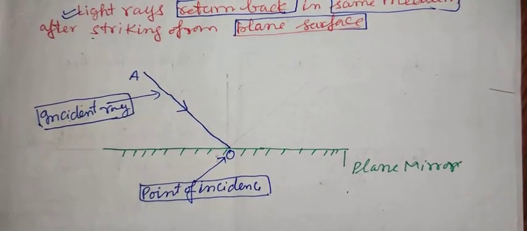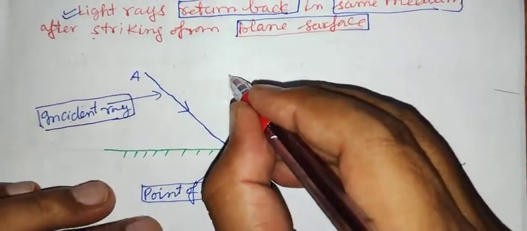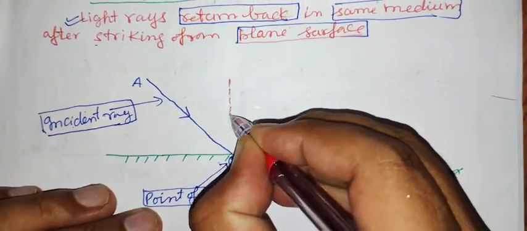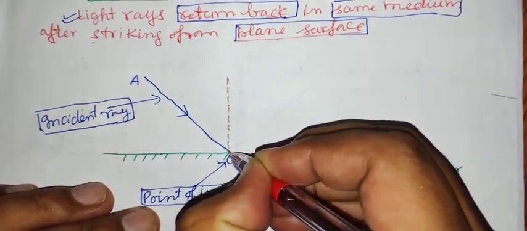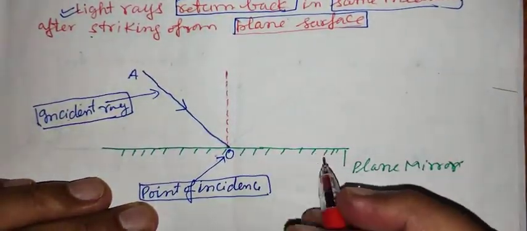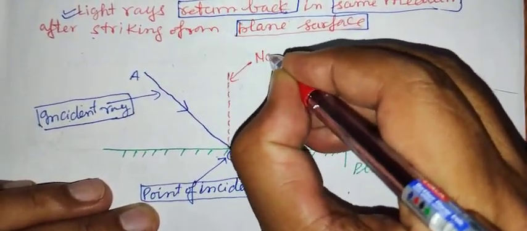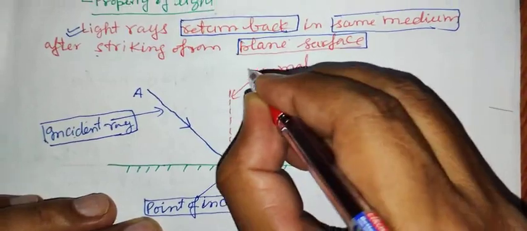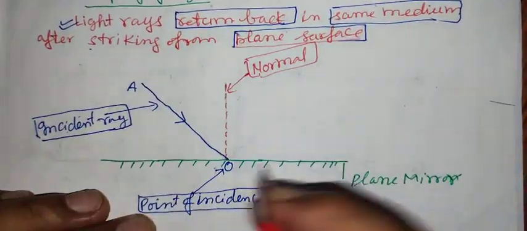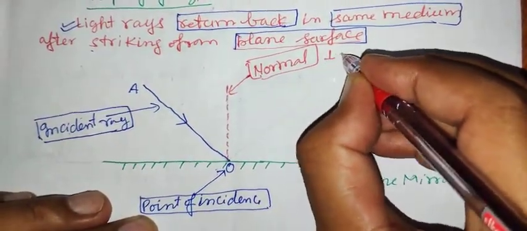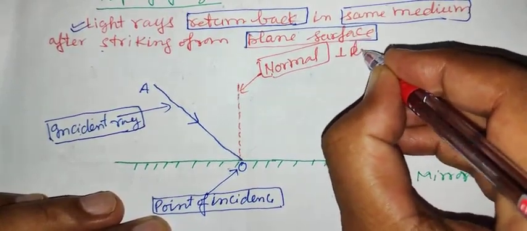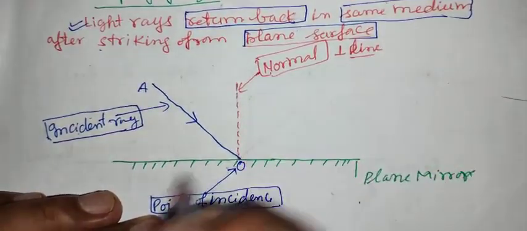At the point of incidence, we are going to make a normal. A normal stands perpendicular to the plane surface, and it is called the normal. Normal is a perpendicular line from this plane.